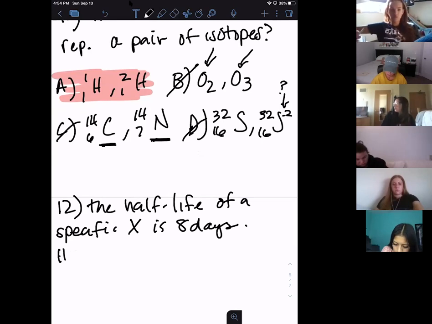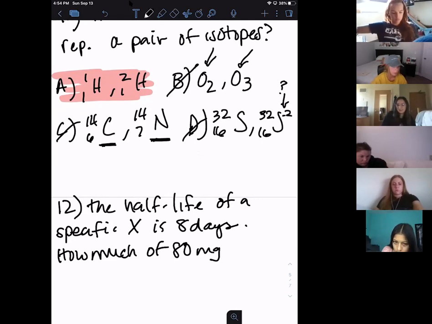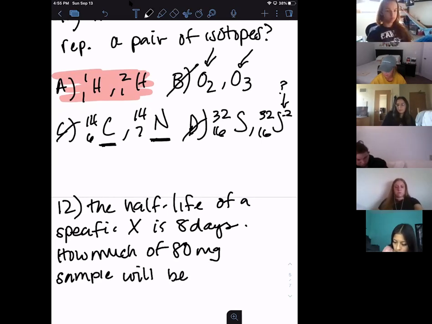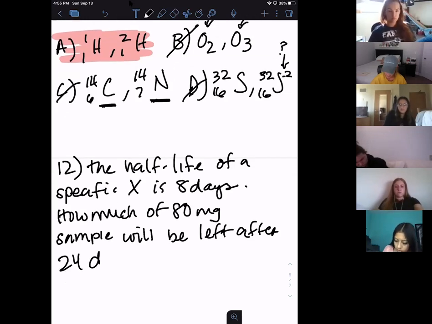How much of an 80 milligram sample will be left after 24 days?